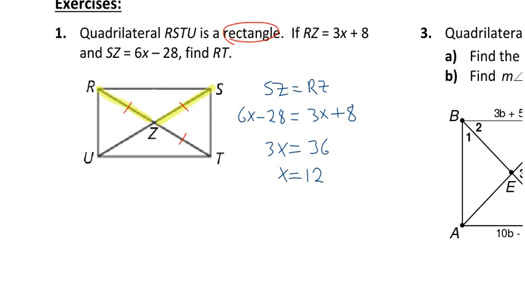And RZ is 3x plus 8. That will be 3 times 12, 36. 36 plus 8, that will be 44.